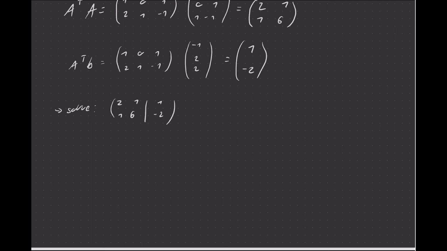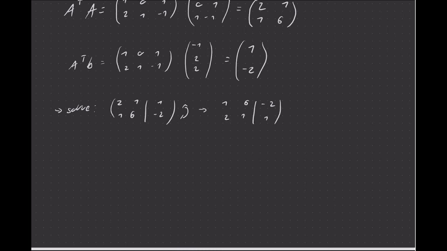And that's a 2 by 2 system now, so that should have a solution, and even a unique one in this special case, because the rank of A was 2. So, well, how do we get that solution? Let's start by exchanging those rows here to get the 1 as a pivot element.